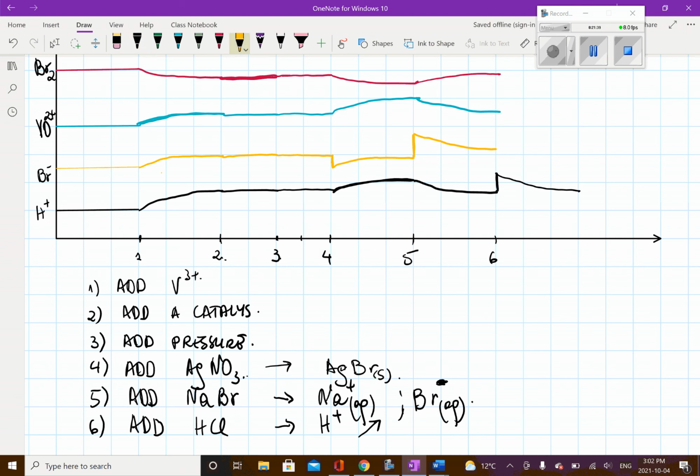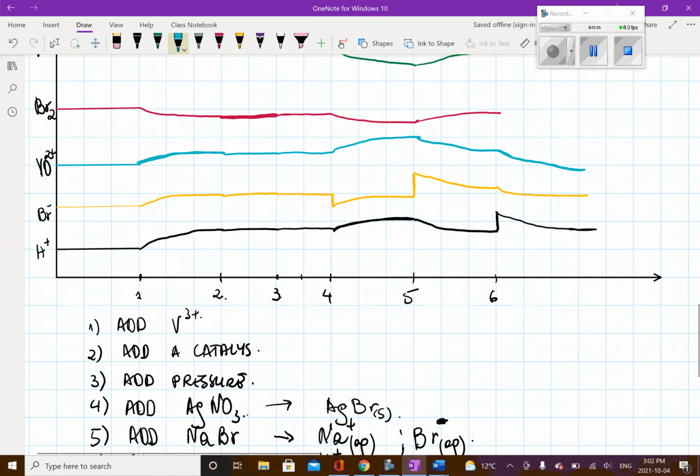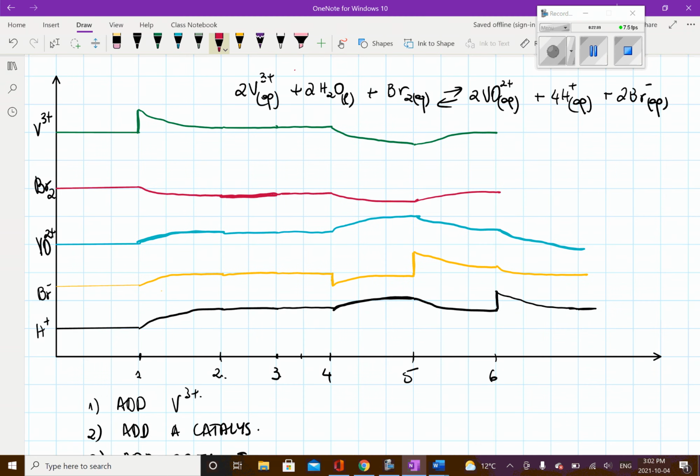And as a result of this, the bromide is used up, okay, and VO2 plus, which is blue, is used up until the equilibrium is reached, and then we have an increase on bromine in aqueous solution, and an increase on vanadium 3 ion.